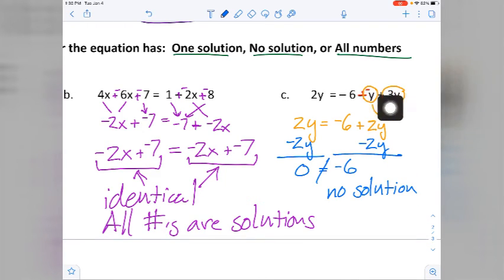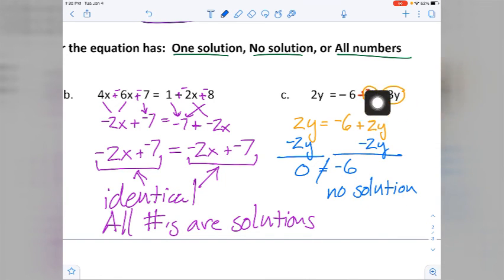They go away. Some students did not do keep, change, change here and thought this was y plus 3y and came up with 4y. And if you did that, that was a mistake. But if you also came up with that, then you could solve this. 2y plus -6 plus 4y would have been, does have one solution. So if you made that mistake and you came up with one solution, I really only dinged you for missing this part.